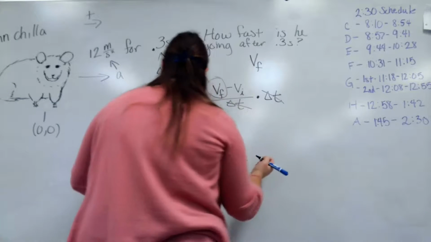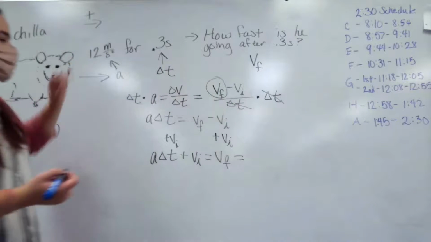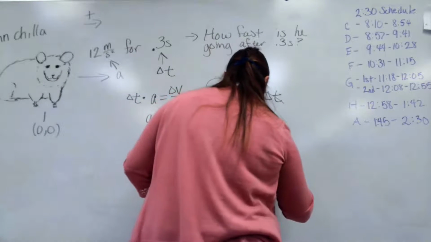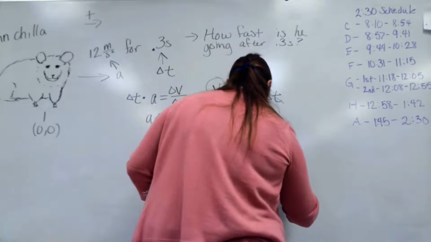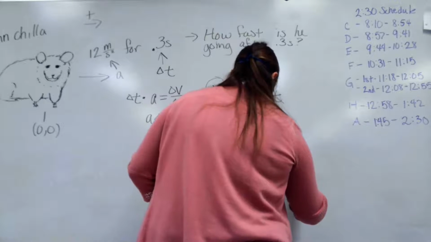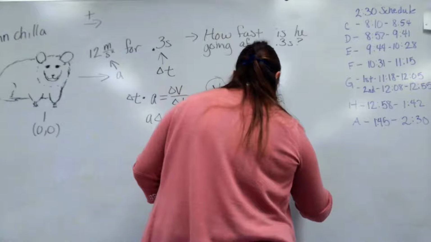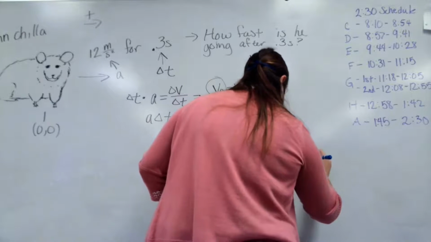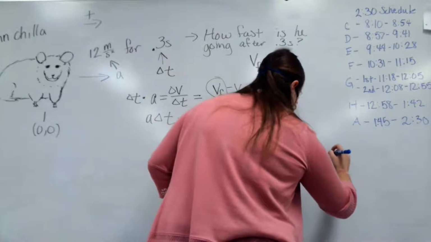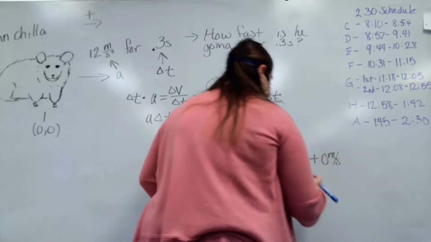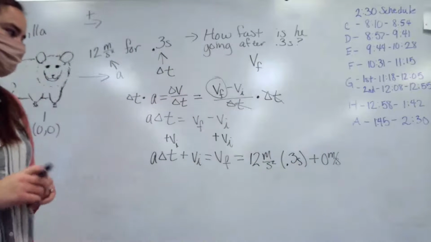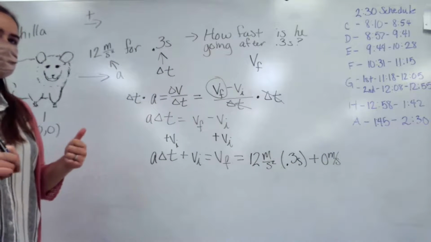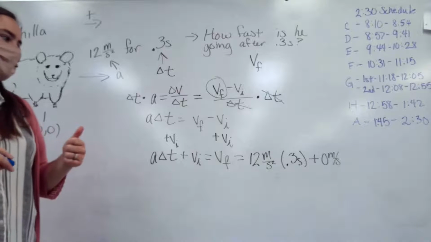So let's put our numbers in. Our acceleration is 12 meters per second squared. We've got 0.3 as our time. And then we add 0 meters per second as our initial velocity. Good? Any questions? All right, what do we get?